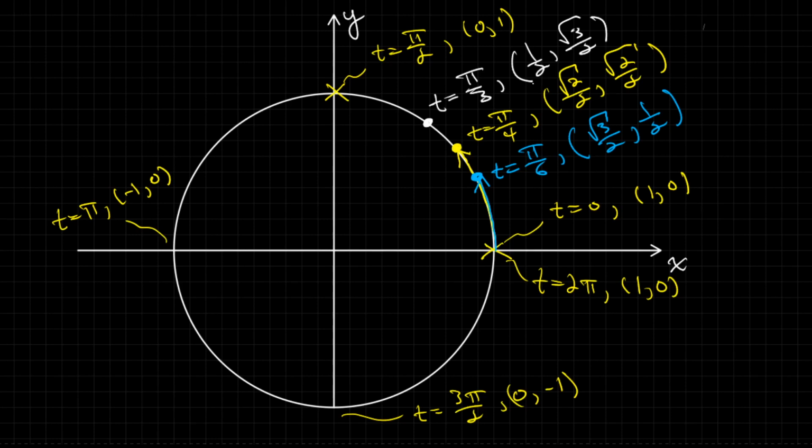Now there are very good reasons for why for these t values we have these terminal points, which amount to essentially drawing triangles in a certain way depending on which angle you're working with. You're more than welcome to check out any standard text on pre-calculus to see the details on that.